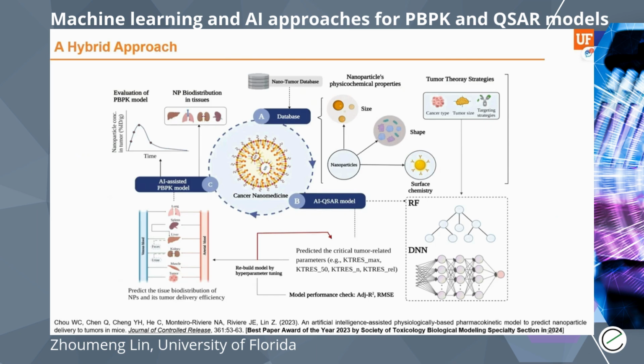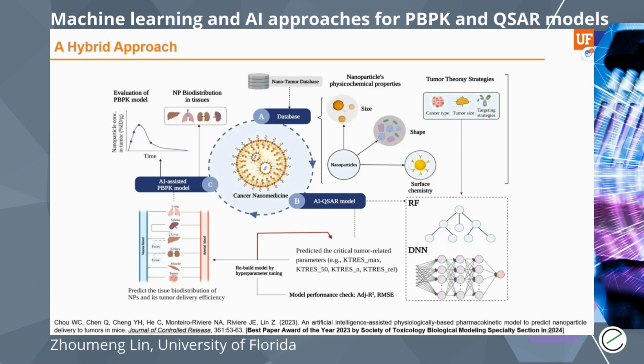And then we also apply a hybrid approach, which is a combination of a data-driven approach and a physiologically based approach. In this study, we use our nano-tumor database. We use this data to build a QSAR model that can be used to predict the critical PBPK parameters related to the tumor compartment.